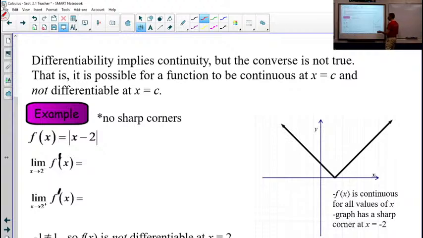From the left side, my slope is coming down this way. So what's the slope as I go from the left? It's going to be -1. And as I come from the right, the slope here is going to be what? +1.